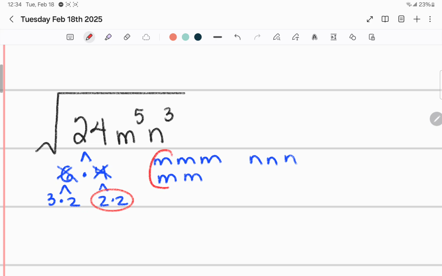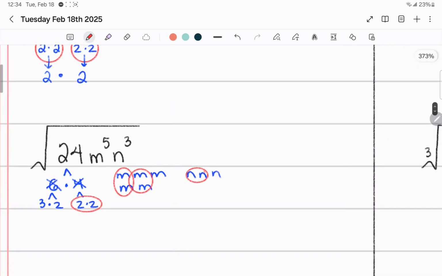Then I will do 2 M's, 2 M's again, and then 2 N's. So what gets to come out here, these 2 2's will be represented by a single 2. We have 2 groups of M's, so M power of 2.